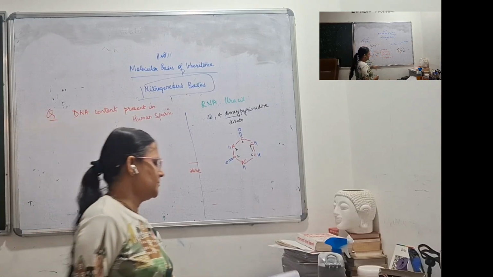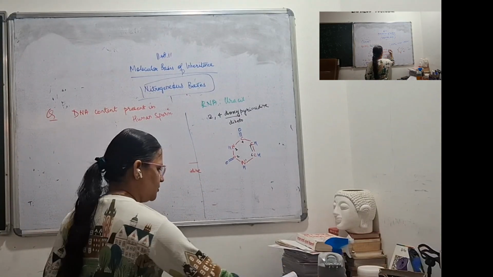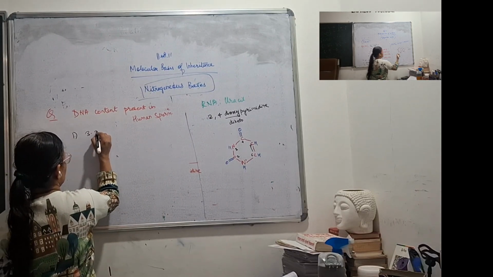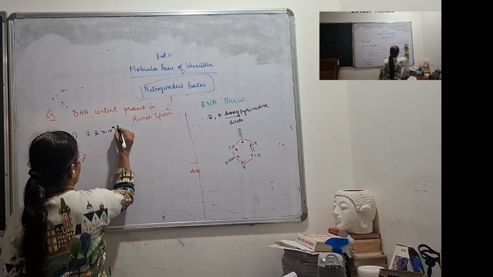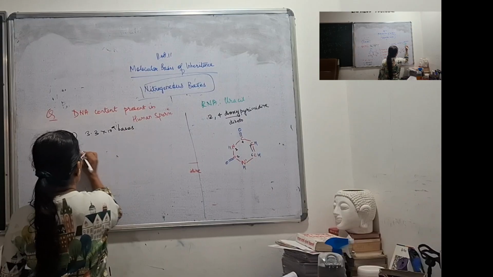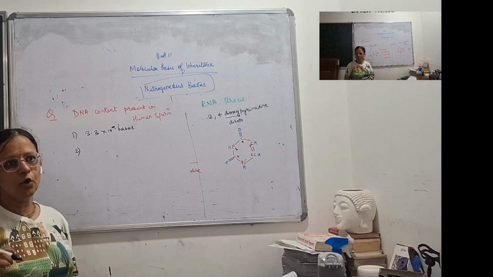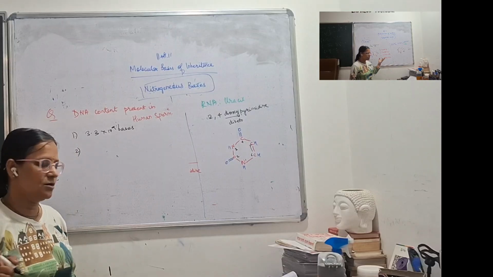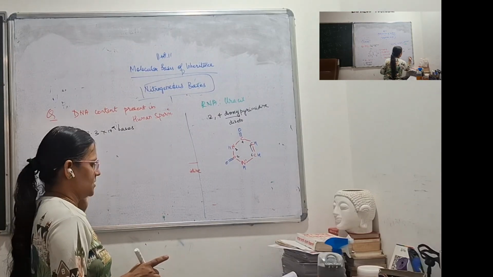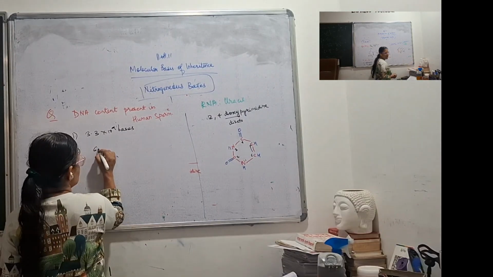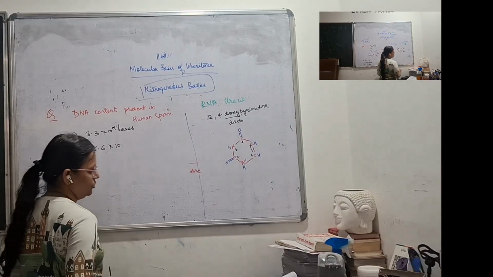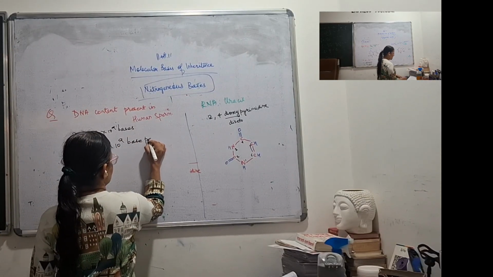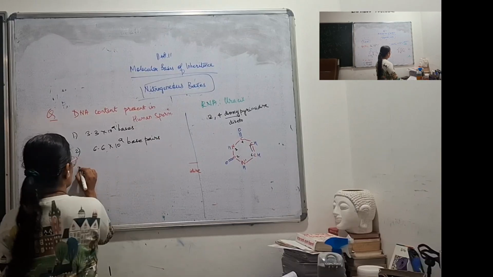The options are, first, 3.3 into 10 raised to 9 bases. Now, please be cautious about bases and base pairs. Here it is bases. Second option is 6.6 into 10 raised to 9 base pairs.